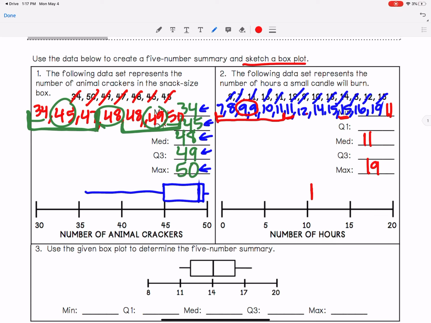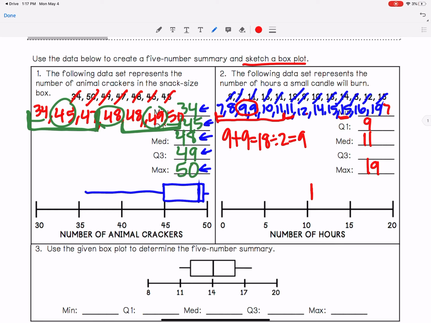So I would add 9 plus 9, and then I have to divide that by however many numbers are in that, and there's 2. That gives me 9. All that's telling me is my median of the first half of my data, or my first quartile, is going to be 9. Oh no, I made a mistake over here. I see it now. My minimum number wasn't 11, it was 7. Okay, so my first quartile is 9.